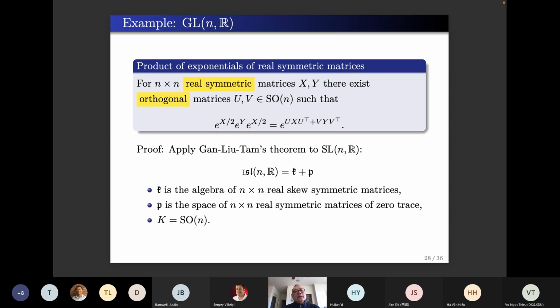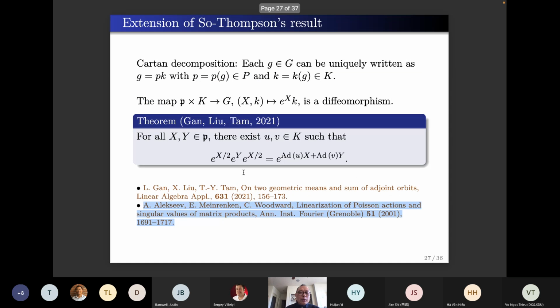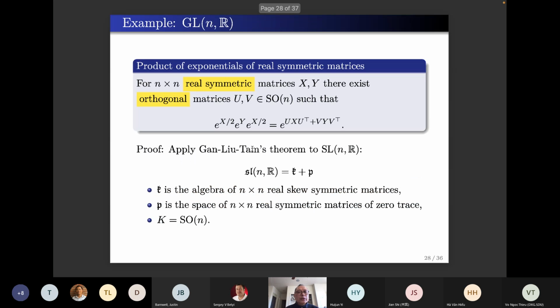Let me illustrate why our result is good. This is the general result. Suppose you talk about GLnR, then you start with two real symmetric matrices X and Y. There exist orthogonal matrices U and V in SOn such that you have this.